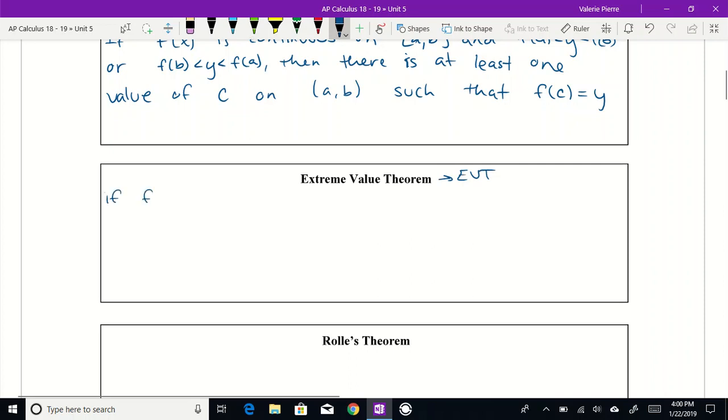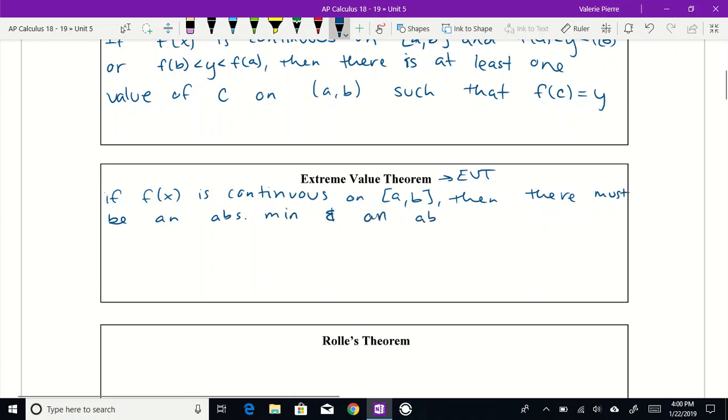If f is continuous on the closed interval AB, then there must be an absolute minimum and an absolute maximum on the interval AB.